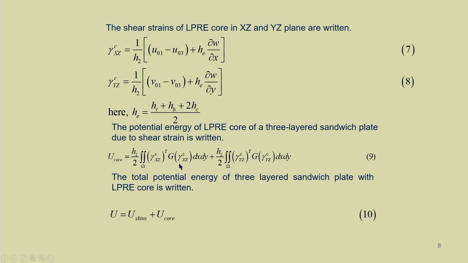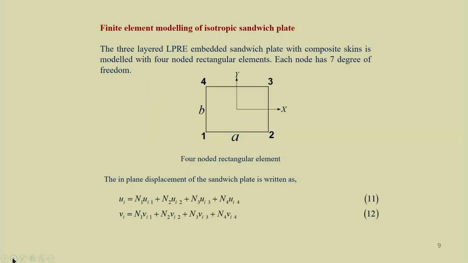Similarly, for the shear it can be written gamma C x z transpose G gamma C x z dx dy plus gamma C y z transpose G gamma C y z dx dy. The total potential energy of the 3 layered sandwich plate with LPRE core is written as U equal to U skin plus U core.